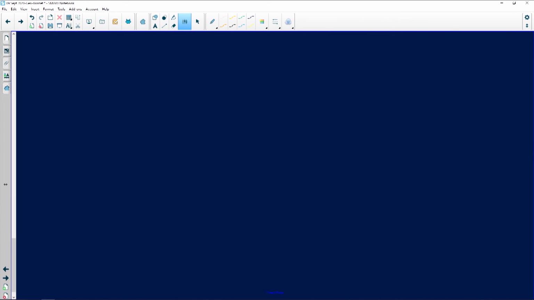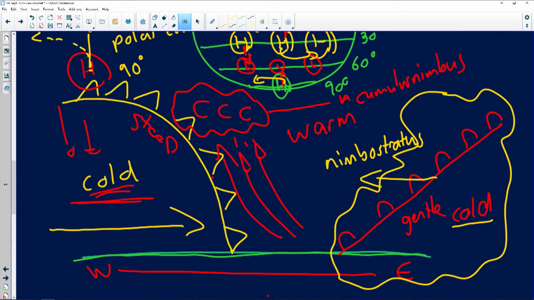On the weather station model you've got your cloud cover, your wind direction, your wind speed, your temperature, and your dew point temperature. And you have a symbol for the type of precipitation. I'll explain it to you.